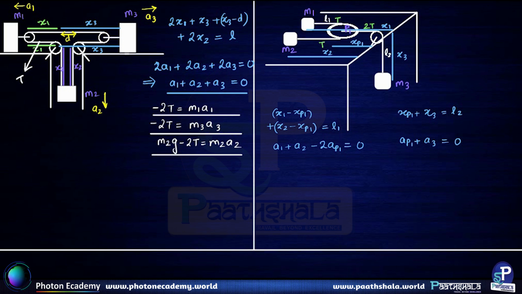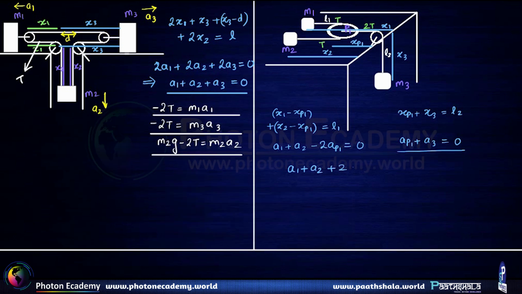Multiplying this equation with 2 and adding it to the first equation, we get a1 plus a2 plus 2a3 is equal to 0. So this happens to be the constrained motion relation.